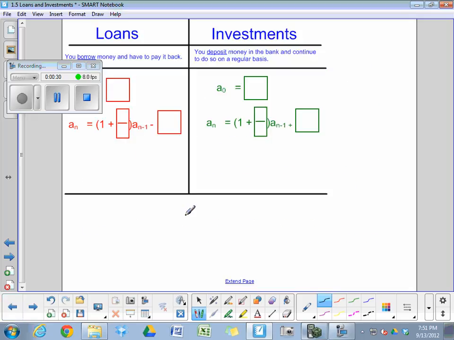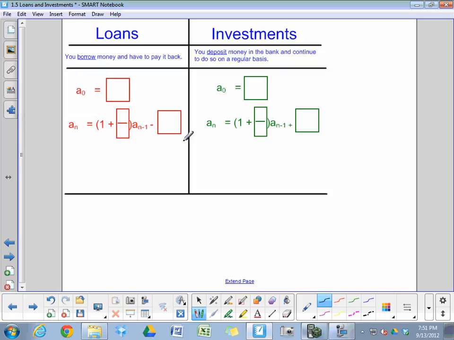Let's go back a step to the formulas that we talked about in class today. One is a loan formula, the other one is an investment formula. And remember, the only place that they differ is right here with the subtraction sign for loans and the addition sign for investments. So you subtract for a loan and you add for an investment.